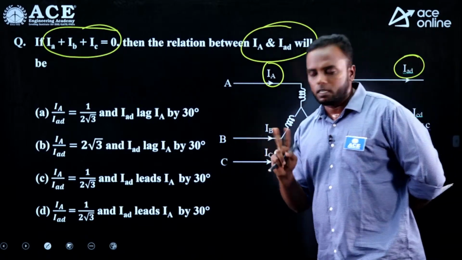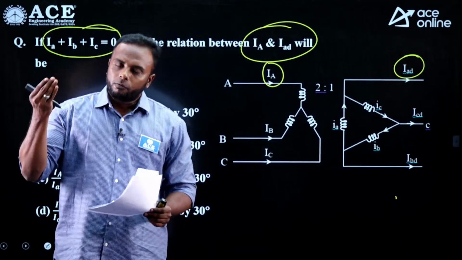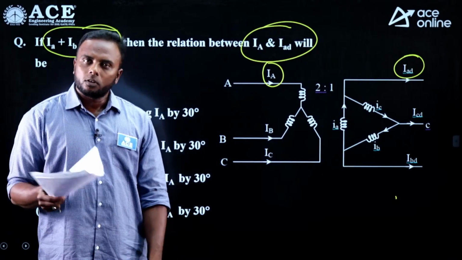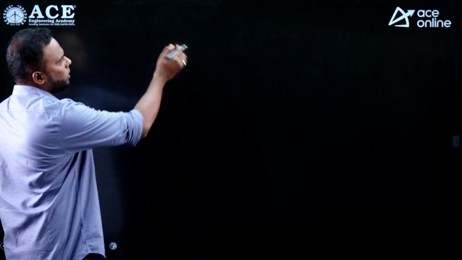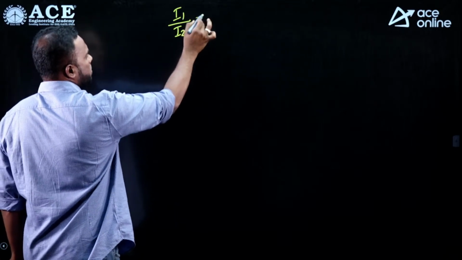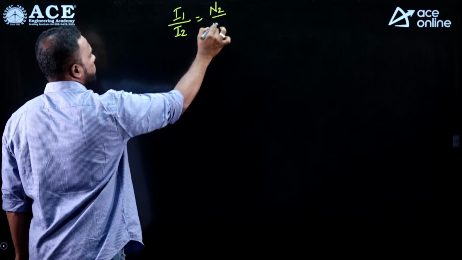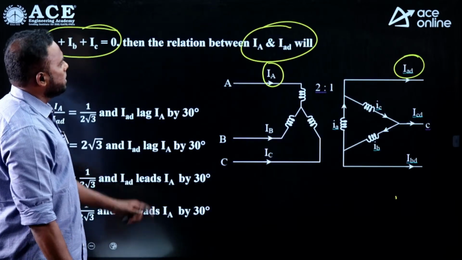What is the line current relation first? We know very well in a 3-phase transformer, phase current ratio is always equal to turns ratio. How? Phase currents I1 by I2 equal to N2 by N1. Now according to this, what is the primary phase current here? Primary is star connection here.